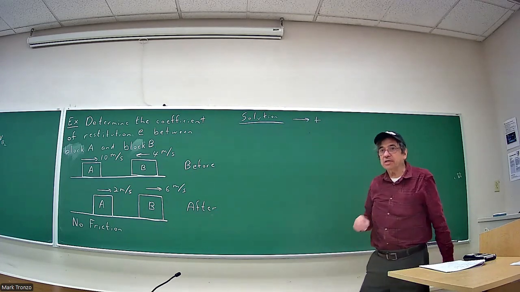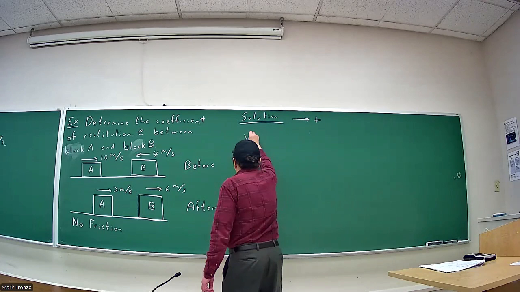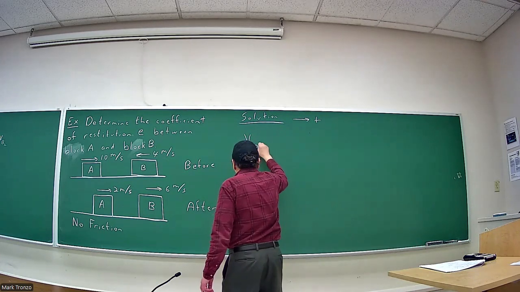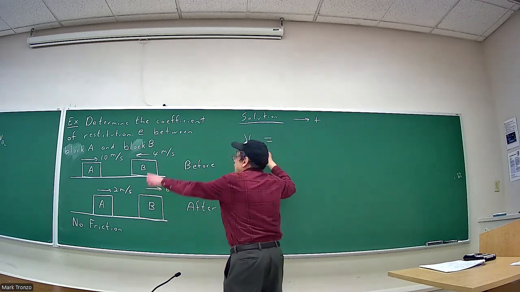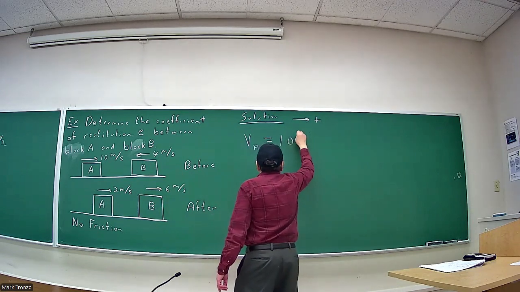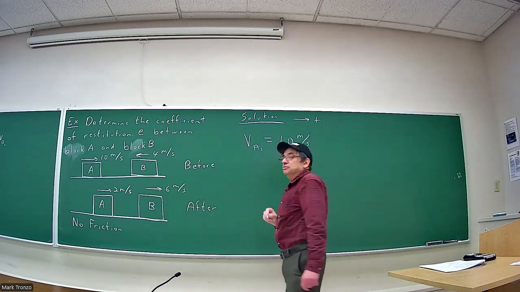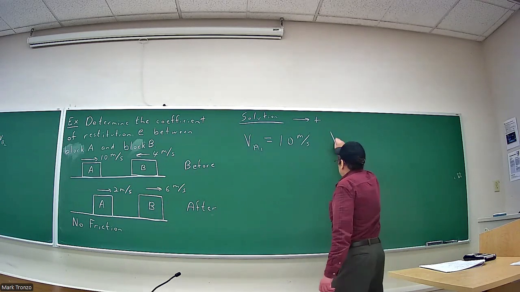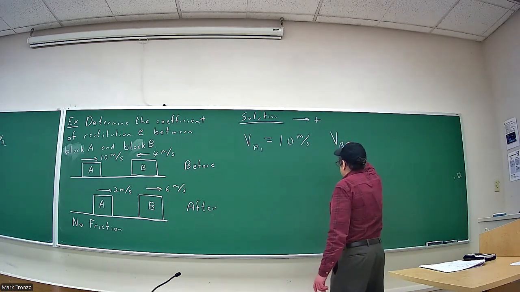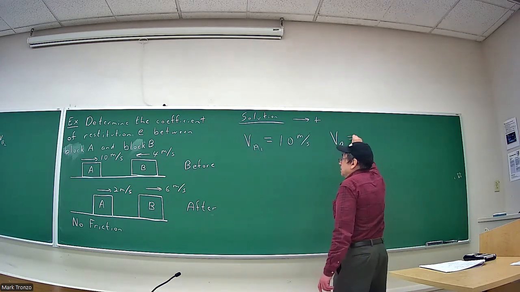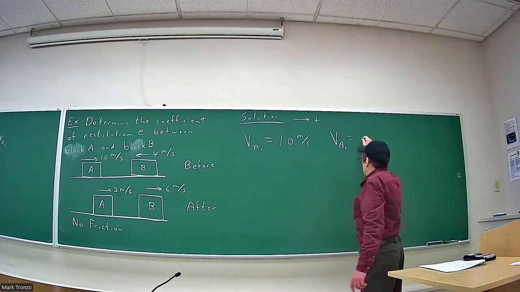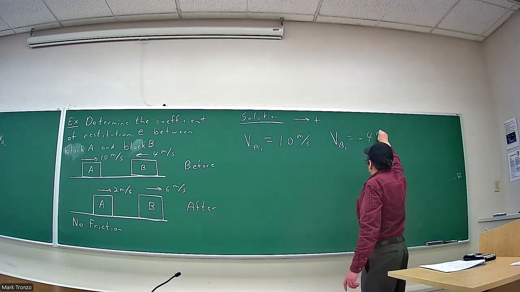And let's look at our velocities. Our initial velocity for A is going to be 10 meters per second, with right positive, so it'll be positive. Velocity of B, the initial is to the left, so we'll call that negative 4 meters per second.